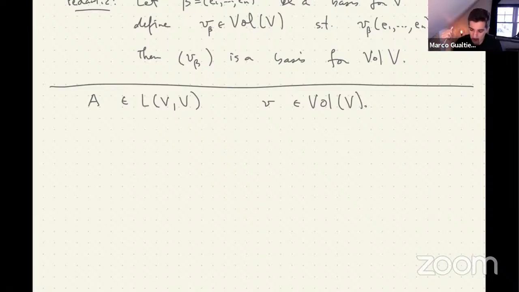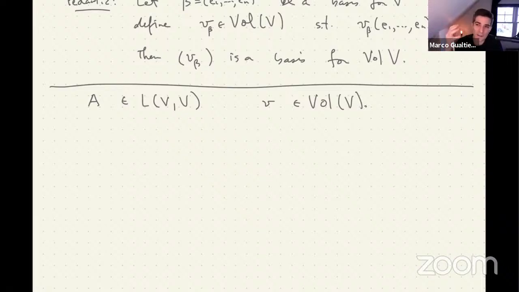For example, if your linear operator was just a rotation, you might imagine that the volumes would be preserved. Or if the operator is like multiplication by 5, you would expect that the volumes would expand, right?